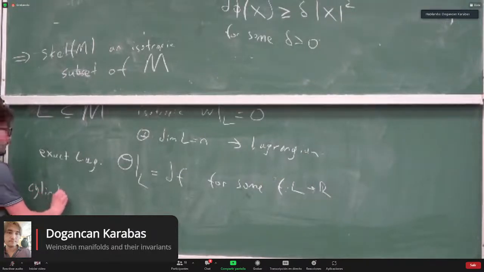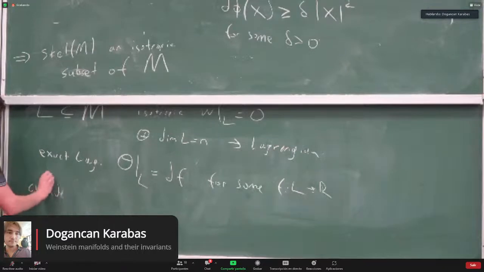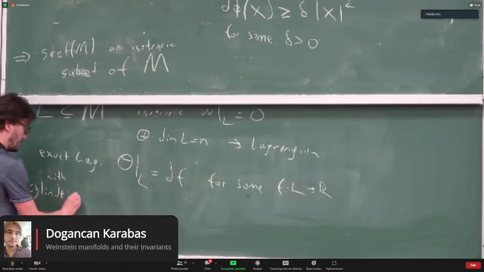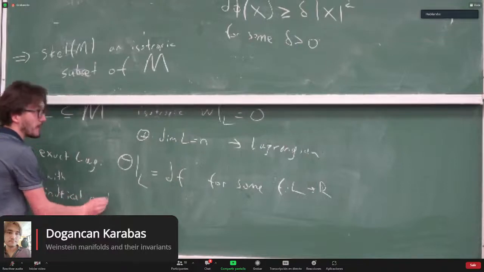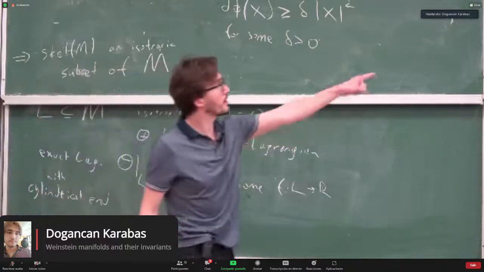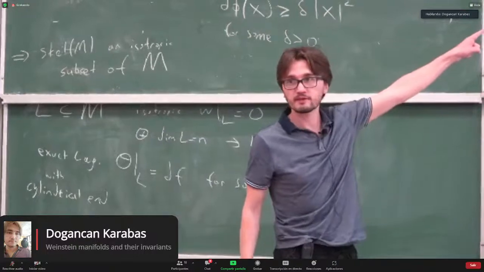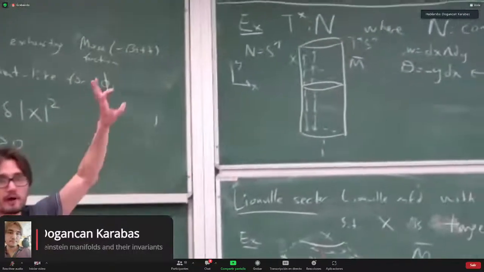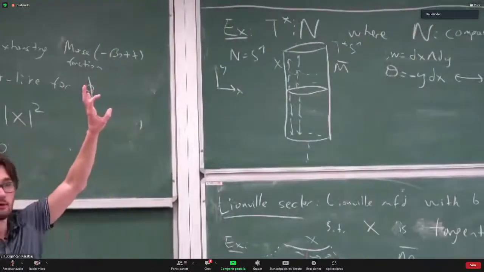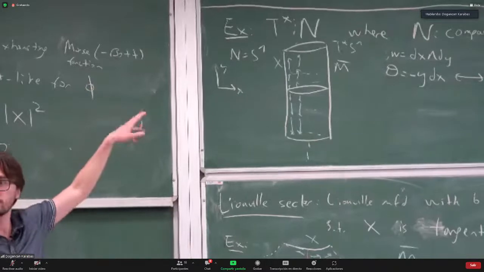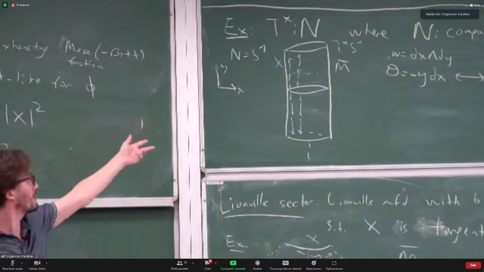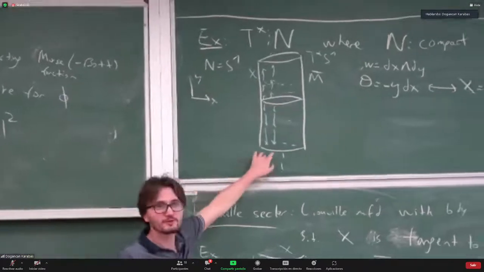One more property for Lagrangians: exact Lagrangians with cylindrical ends. As you remember, we said this Liouville manifold has this boring cylinder part, right? We want our Lagrangians also to be boring there.